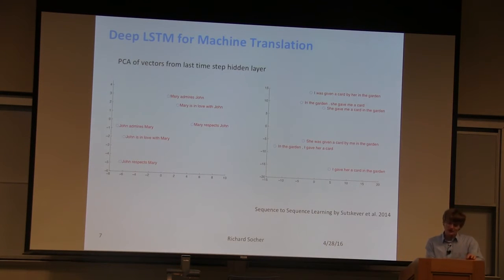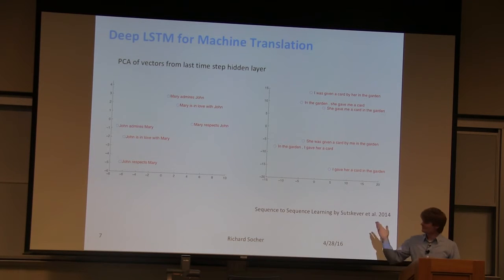Cool. So now we can look at the vectors from the last time step of the last hidden layer, and we trained that with a machine translation model, a very deep LSTM that actually goes back to a lot of the very simple stuff that we described when we just had the RNNs, but instead of having a simple single linear layer, you have an LSTM block.